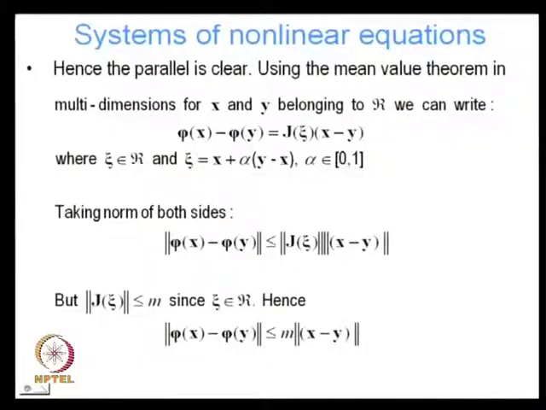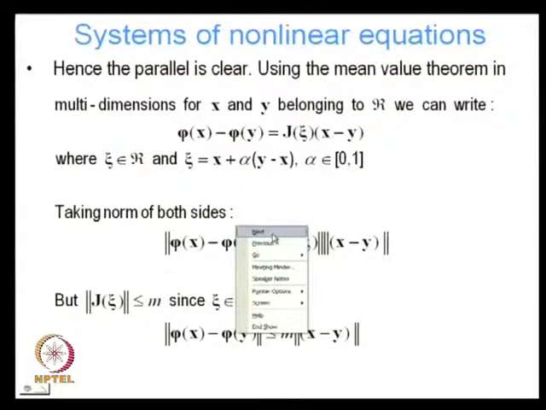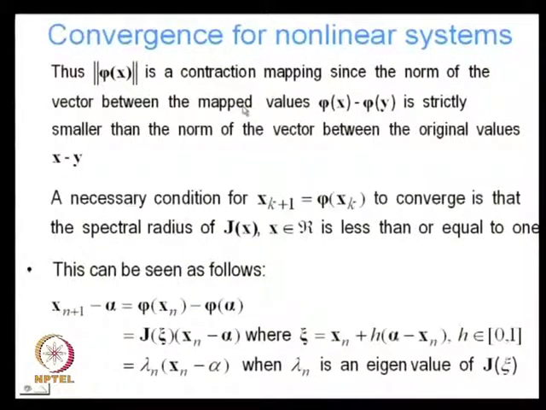So, it is a contraction mapping. The distance of the mapped variable is smaller than my original variable, since the norm of the vector between the mapped values phi of x minus phi of y is strictly smaller than the norm of the vector between the original values x and y. That is why it is a contraction.